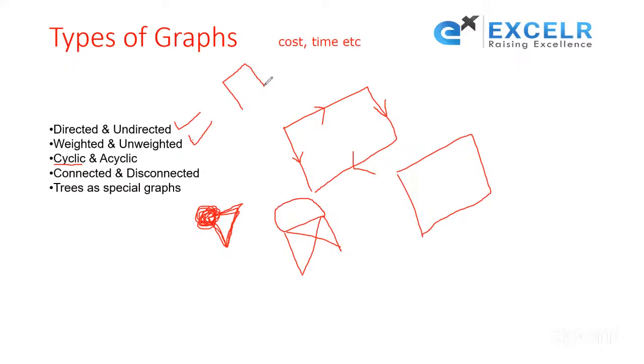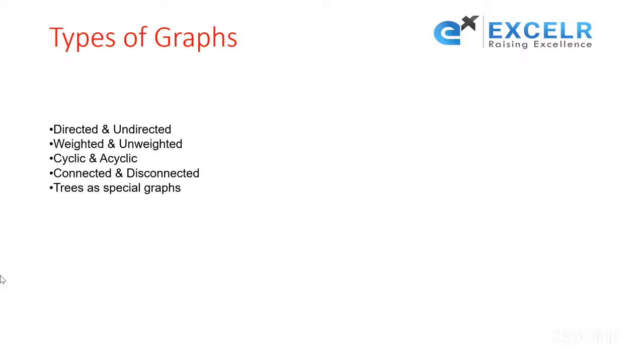Then there is one more type of graph, which we call connected and disconnected graph. Now, what is a connected and disconnected graph? Can anyone tell me?